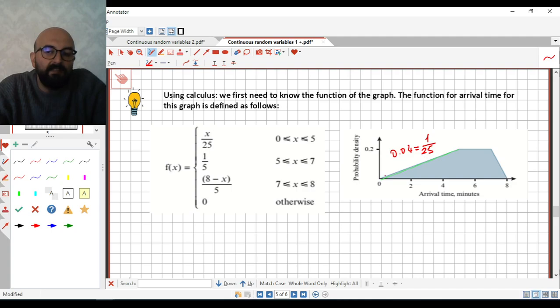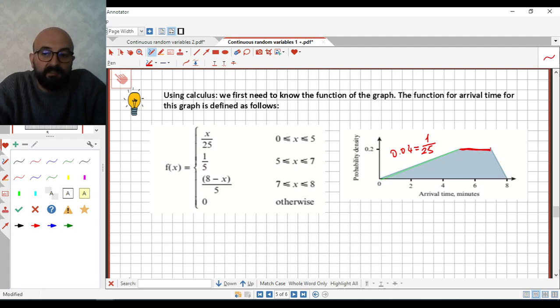So this line's equation is x over 25, and the other line's formula is 1/5, or 0.2.